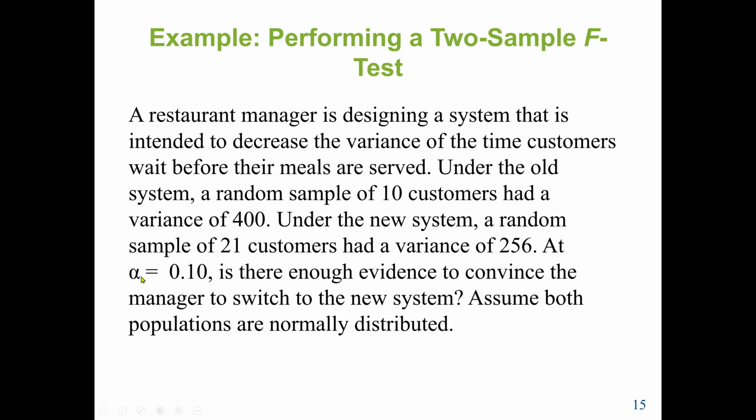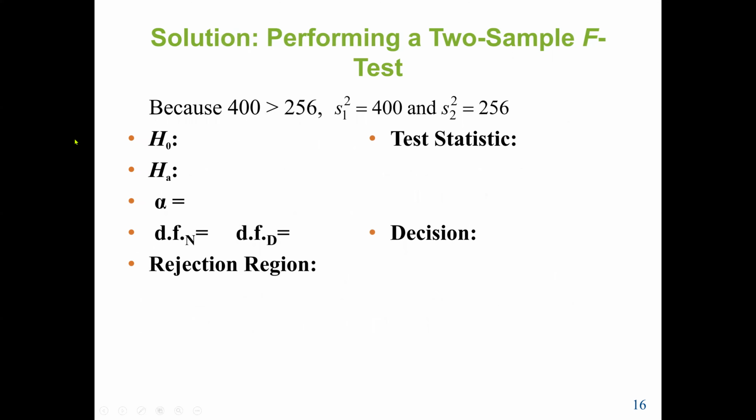Now we want to do our hypothesis testing to check if there's enough evidence to convince the manager to switch to the new system, assuming both populations are normally distributed. So again, first we check: you see here we have 400 greater than 256. We have n1, we have n2, we have s1 squared, we have s2 squared, we have the alpha. So we can do this test.